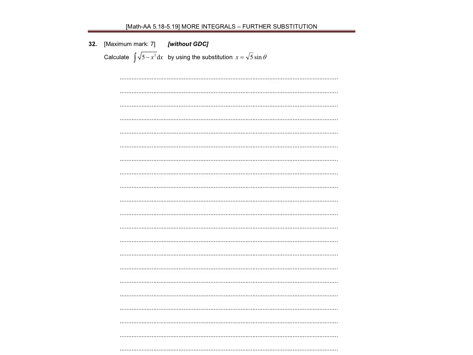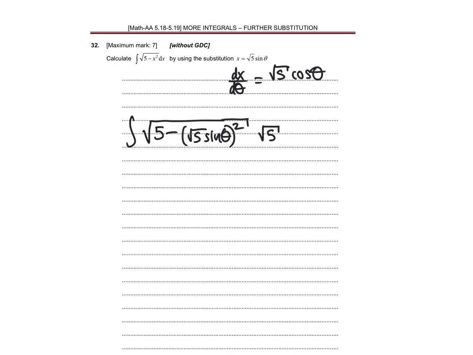Okay, so dx/d theta is root 5 cosine theta. Okay, so now we're going to have root of 5 minus root 5 sine theta squared, and dx is root 5 cosine theta d theta when we cross multiply by d theta.